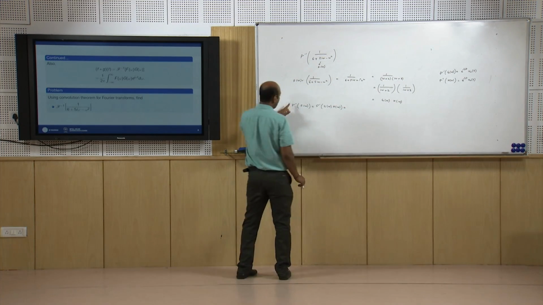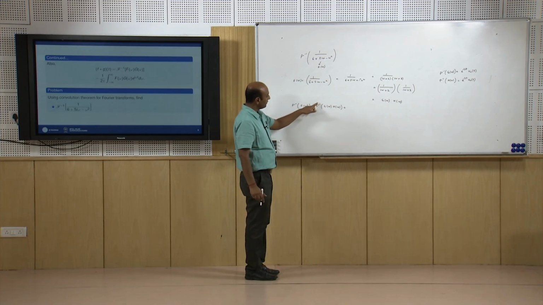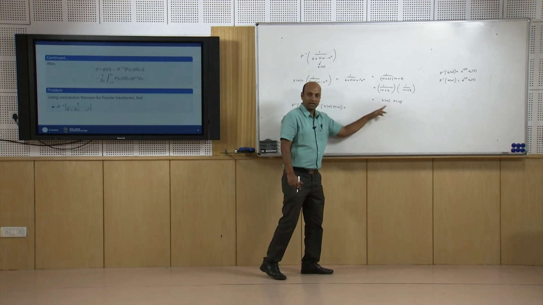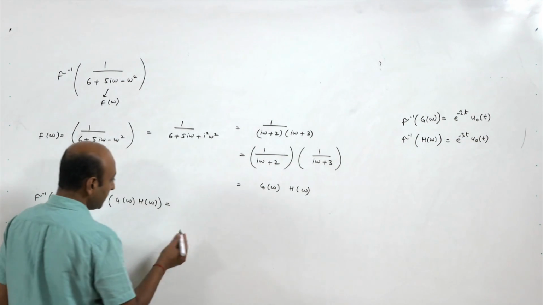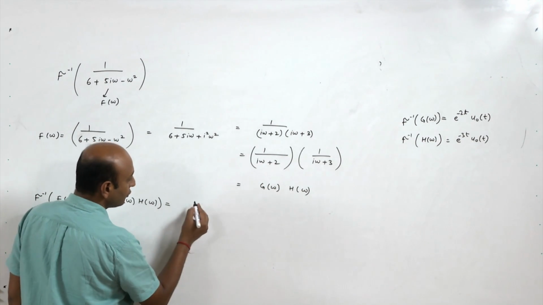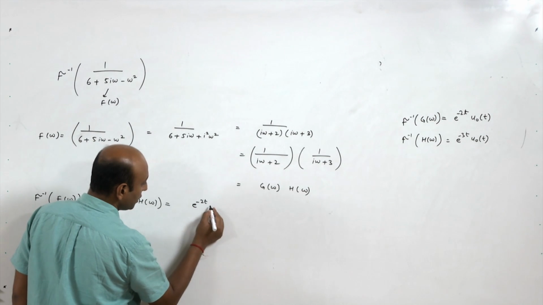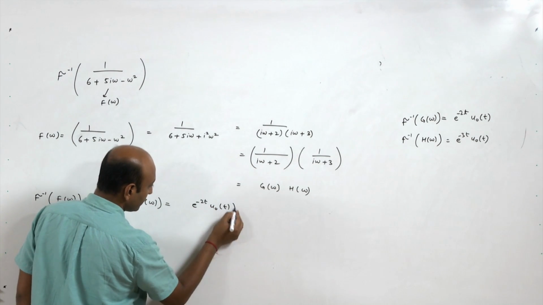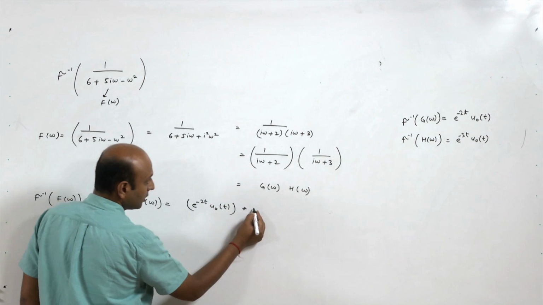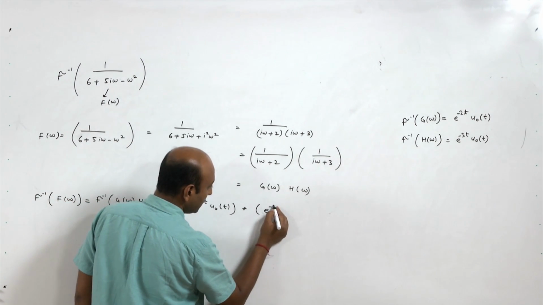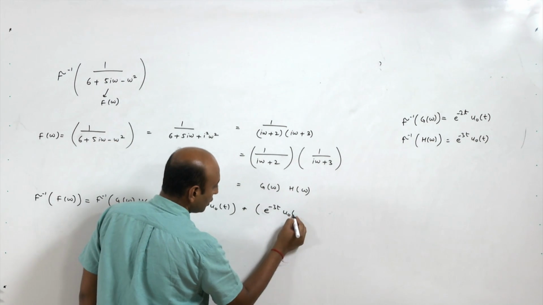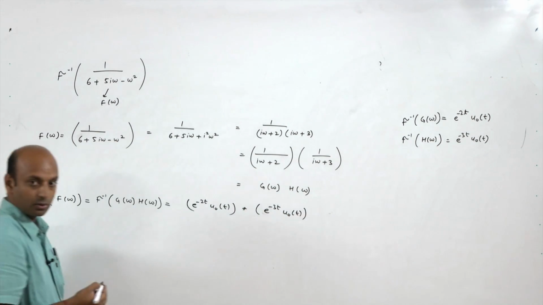The inverse Fourier transform of F(omega), using the convolution theorem, will be nothing but the convolution of these two functions, e^(-2t) u0(t) star e^(-3t) u0(t).